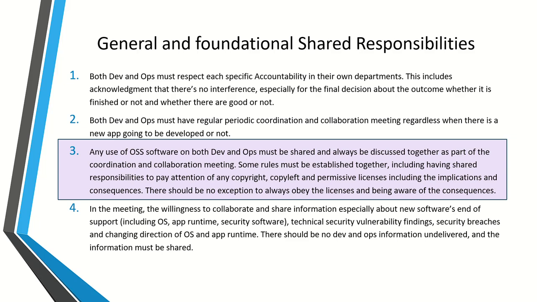But before I continue, this kind of discussion about the licenses, implications, and consequences, and also about whether we are going to govern the assessment of the licenses, is a separate discipline of knowledge. It is usually called SBOM, software bill of materials.